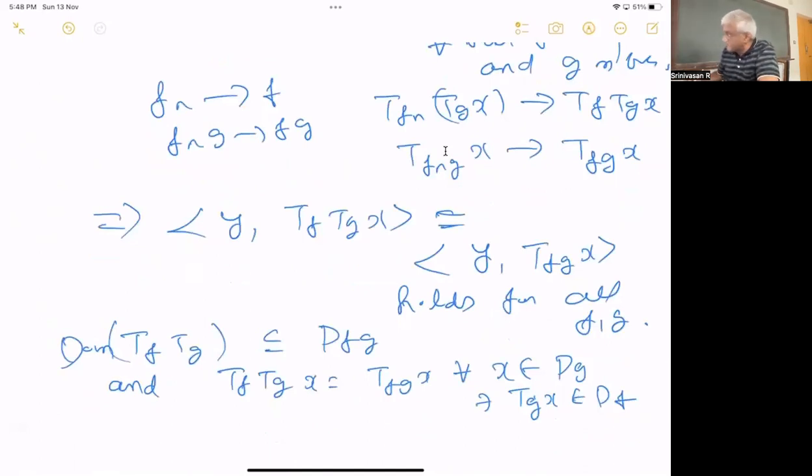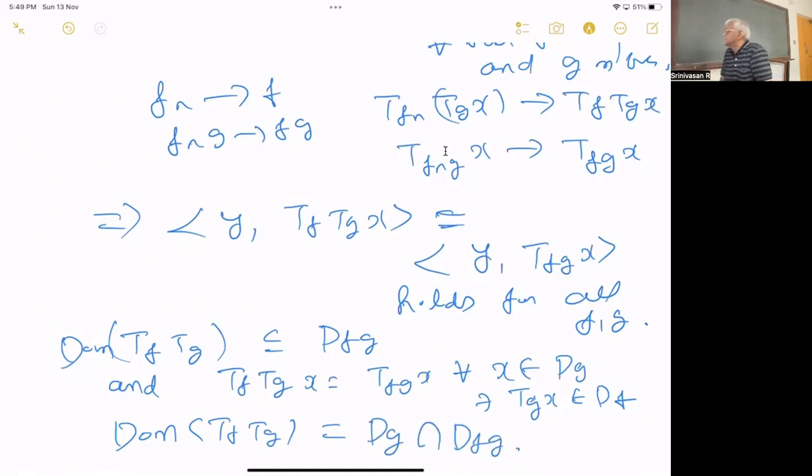And the second thing says that the domain of D F D G is equal to D G intersection the domain of F G. No, there is something missing.